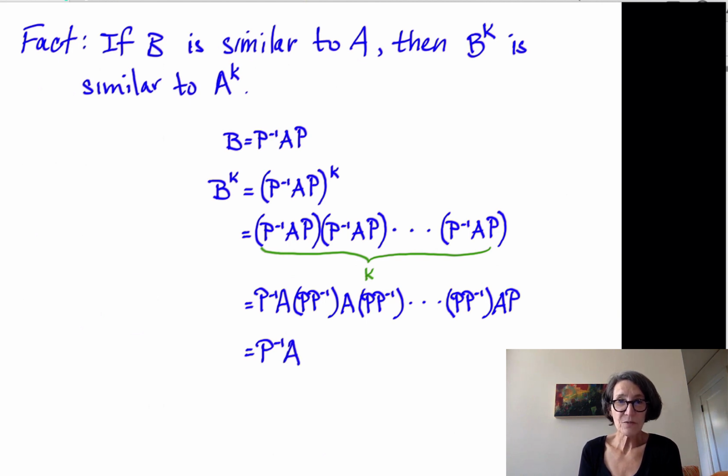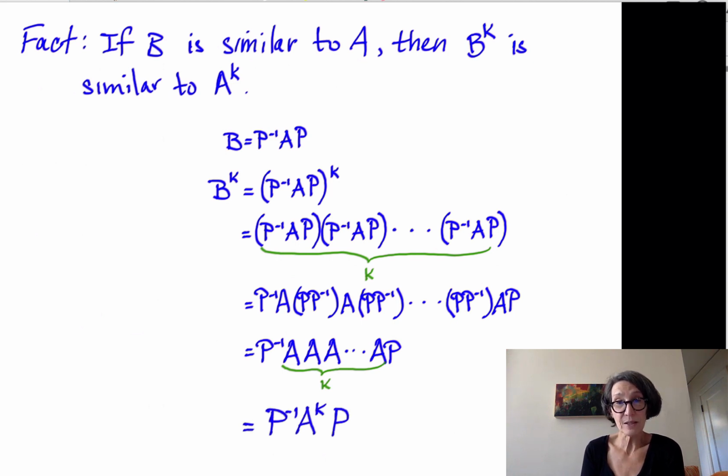So now we have P inverse times A times A times A times A times P. And how many A's do we have? Well, we had originally K factors, so there's K A's there. So that's P inverse A to the K times P. So that means that B to the K is similar to A to the K.